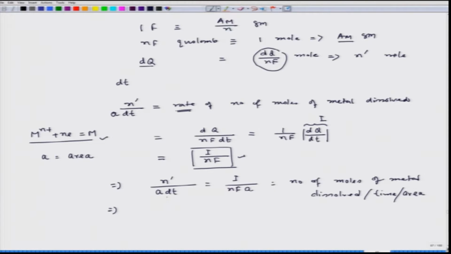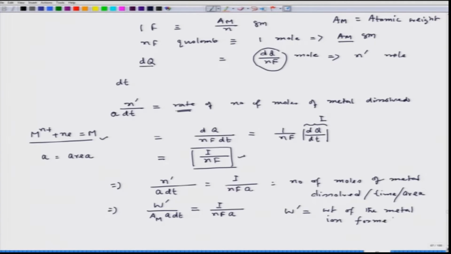In order to do that, N prime is basically the number of moles. So, if W prime is the amount of metal that has dissolved, divided by A_M, where A_M is the atomic weight, then W prime by A_M A dt is equal to I by nF A. Here W prime is the weight, or the mass, of that metal coming into solution, and W prime by A_M is nothing but N prime, the number of moles.